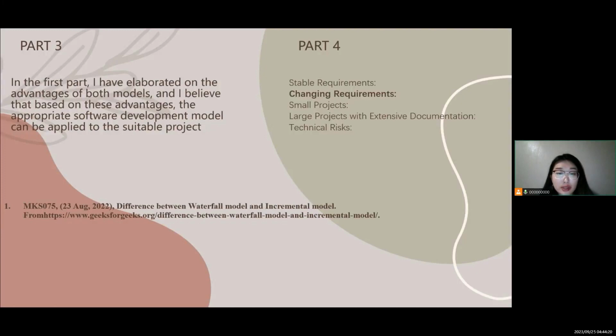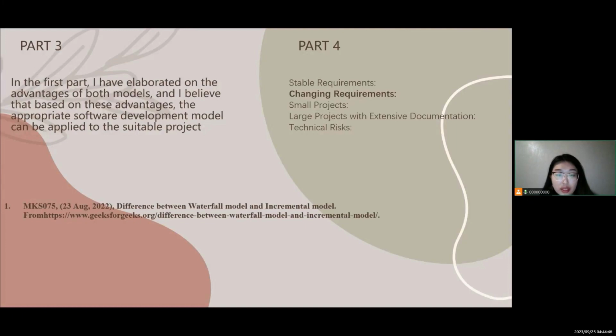The second is changing requirements. Conversely, when it is expected that requirements and user needs will evolve during the project, the iterative and incremental model is more suitable. The third is small projects. For small scale projects, the waterfall model is a better fit.